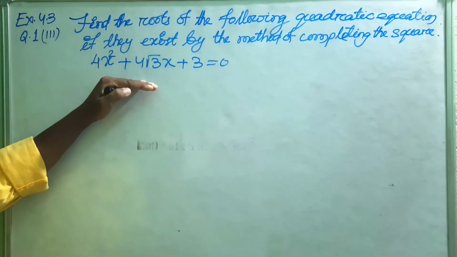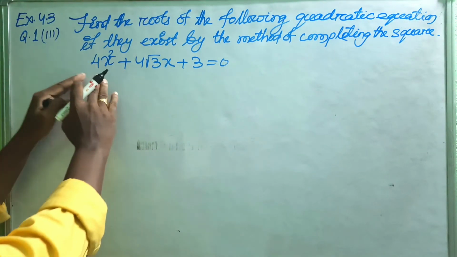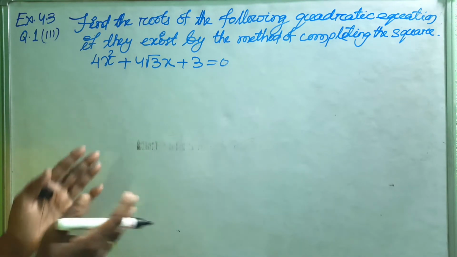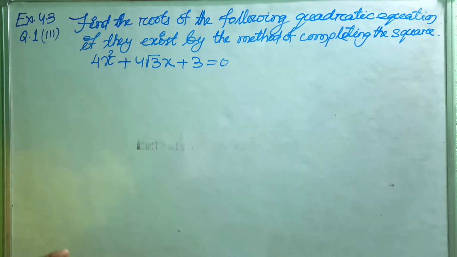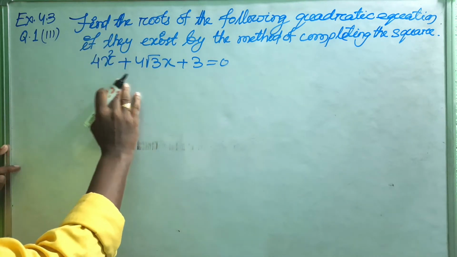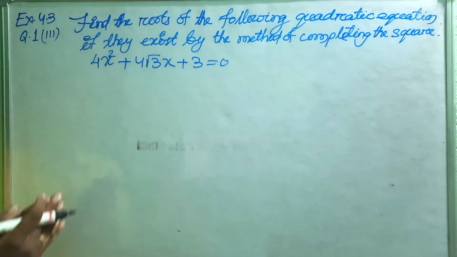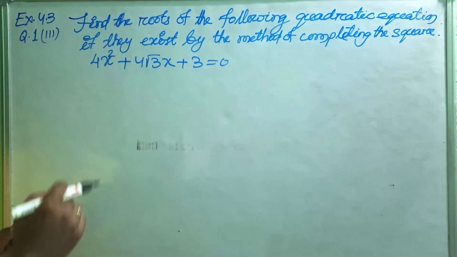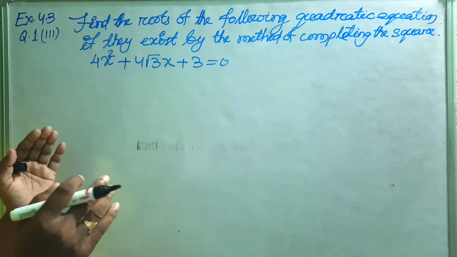Now how do we find out whether this quadratic equation has roots or not? Has roots means has real roots. Here we are considering real roots. You must have read the process of solving a quadratic equation by using the quadratic formula.